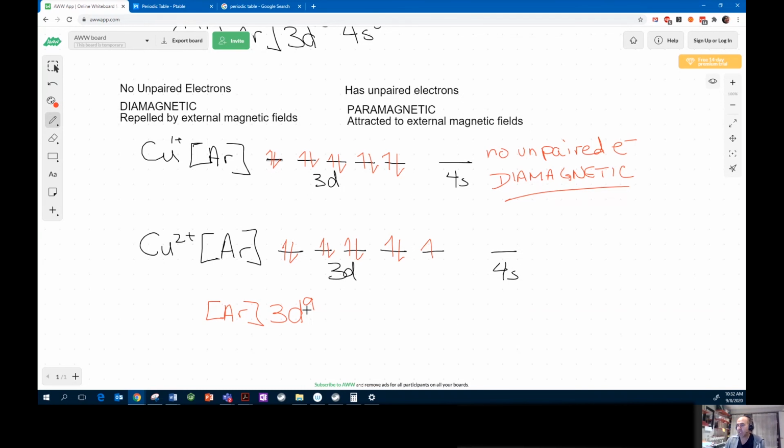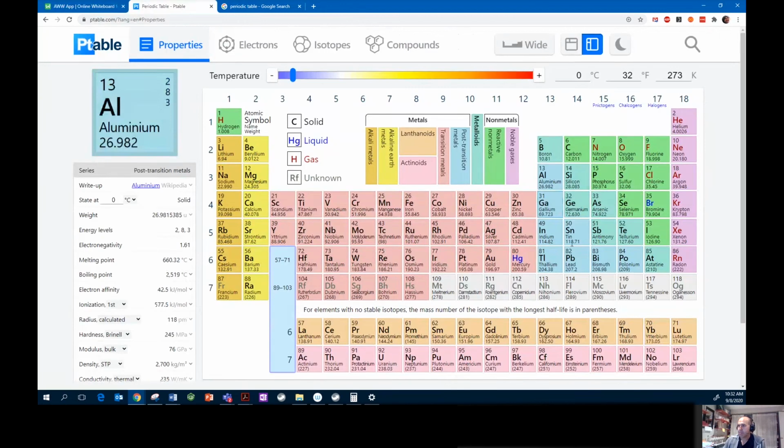Now, anions are more straightforward. So the first thing to realize is that metals in general don't form anions. They can be induced to form anions. Hydrogen does form an anion, hydride ion, which is -1.